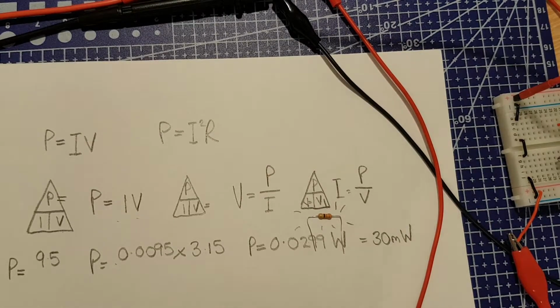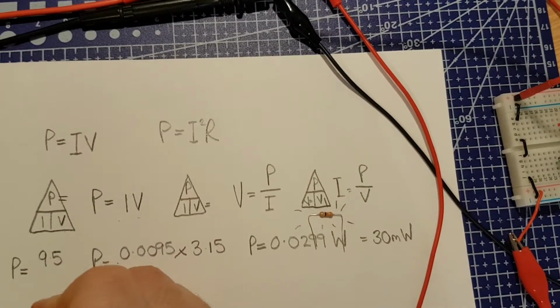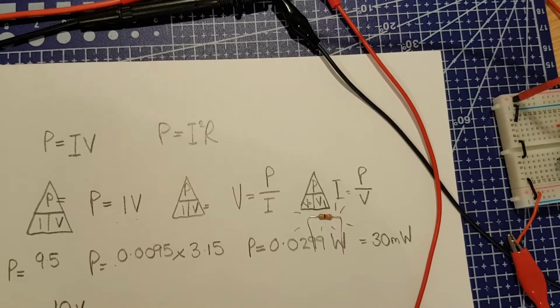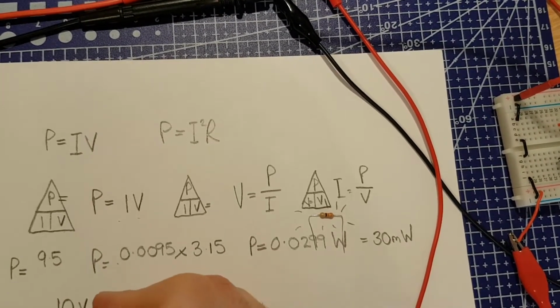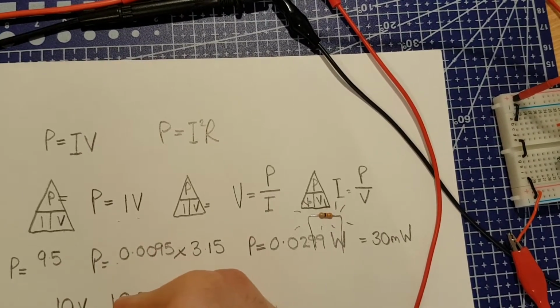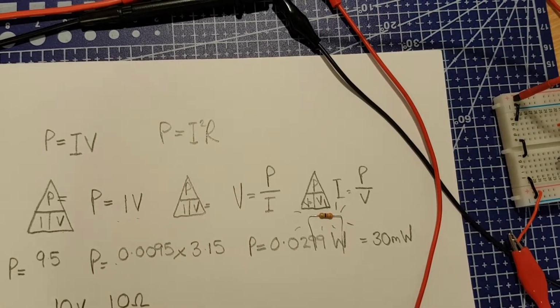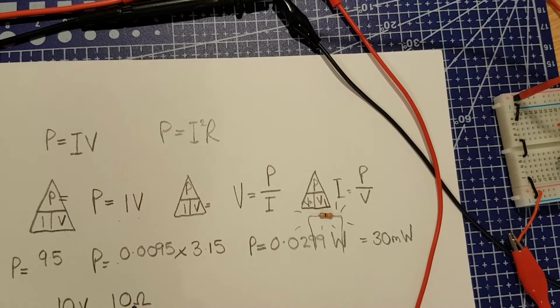But if we went a little bit higher on our circuit with the power, then we'd have to use something a bit more beefy, like I said, to stop it melting. So if, for example, we had 10 volts across a 10 ohm resistor, using the triangle we have the voltage and the resistance.